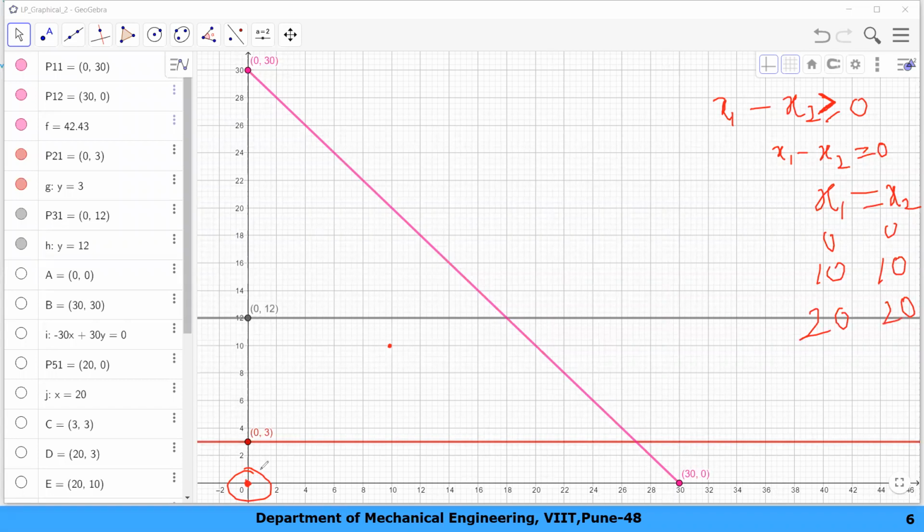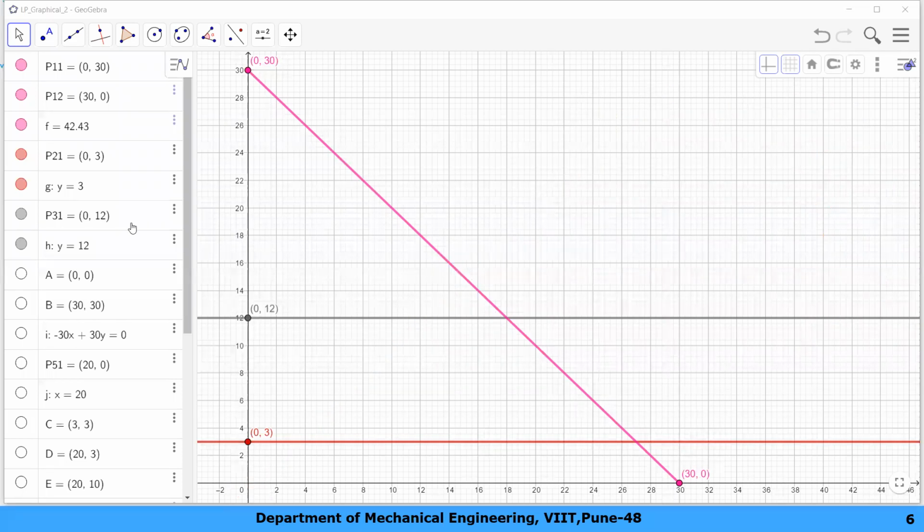So that means a line which is at 45 degrees to the x-axis or y-axis. This line represents x1 equal to x2, right? So draw a line like this. Your third equation. I hope all of you have understood this equation. This was a little tricky.